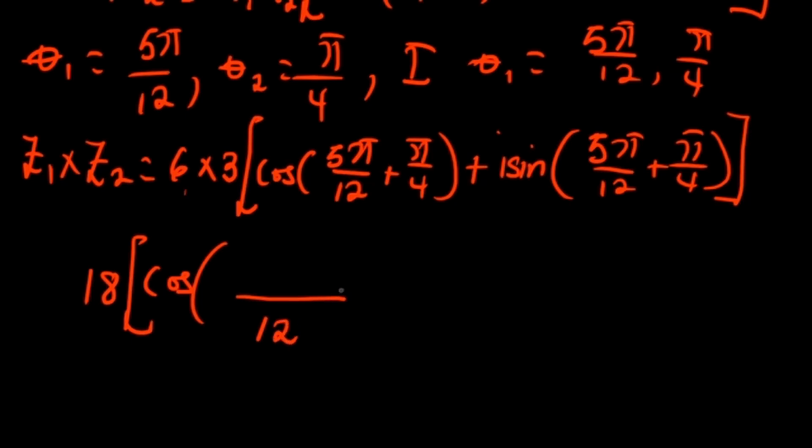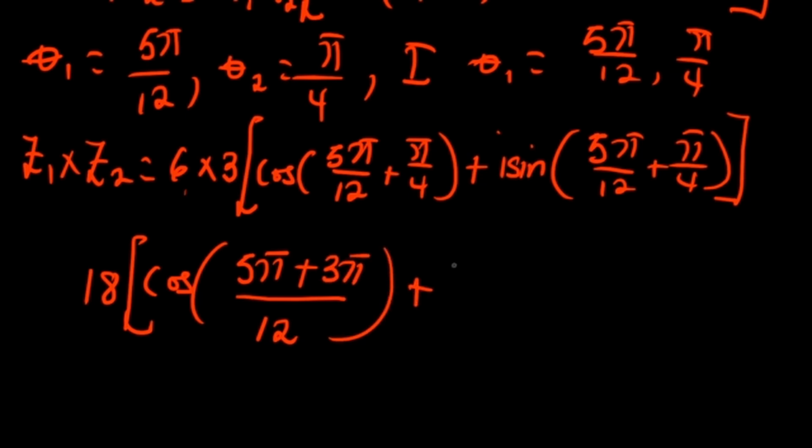So let's now simplify. 12 divided by 12 is 1. 1 times 5 pi is 5 pi. And then 12 divided by 4 is 3. 3 times pi is 3 pi. So we now have a common denominator. We can now add them.